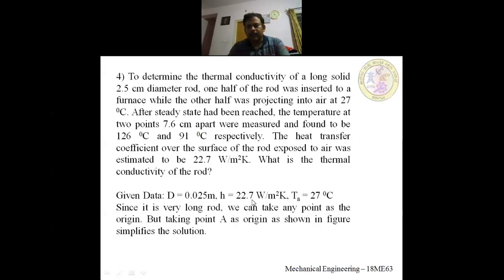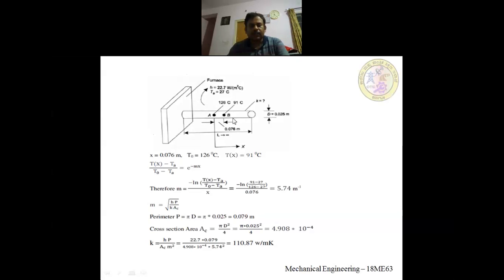So this is a problem of a very long rod, infinitely long. In that case, we will use those formulas and get the value of thermal conductivity of that rod. So this is a figure. You can see here, at 2 points the temperature were measured, at point A and point B. At point A it is 126 degrees Celsius.